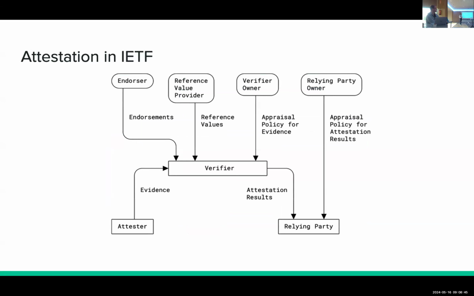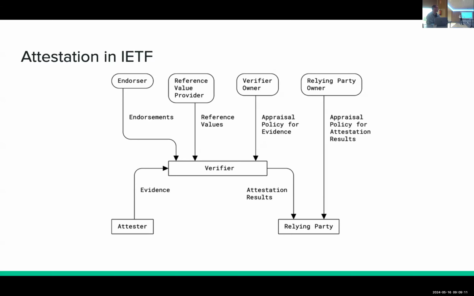Okay, so one of the standards, IETF, talks about this RATS architecture, which is one way of visualizing how the definition that I showed previously all happens. The RATS architecture defines three main roles: the attester, verifier, and the relying party. The attester provides evidence, and the verifier has access to endorsements by which it can confirm its identity.